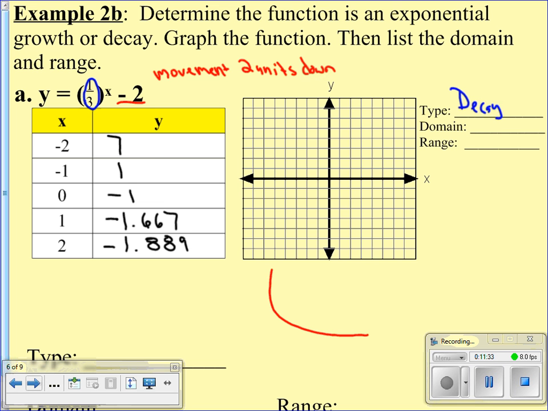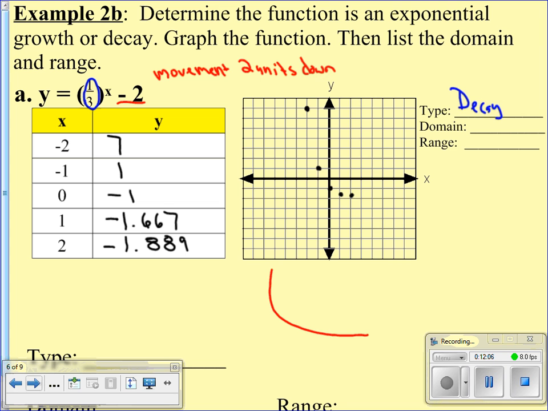So whenever I graph the points, -2, 7, -1, 1, 0, -1, 1, -1.67, so it's about -1 2/3, 2, -1.89, almost to -2.